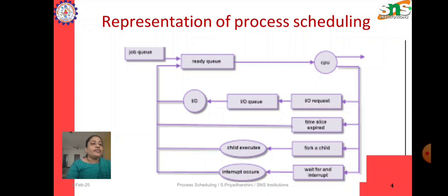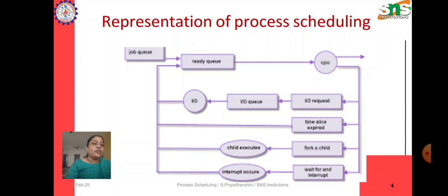Suppose there is a system call called fork. If there is a fork system call, then the particular process will create a child and wait for the child to execute. After the child completes its execution, this process is put back inside the ready queue. Or else the final thing would be an interrupt.